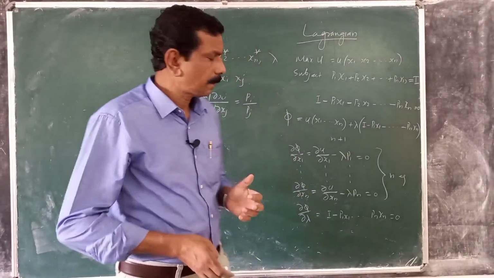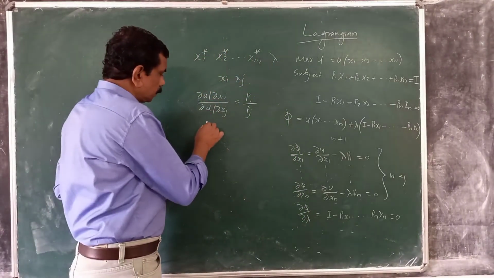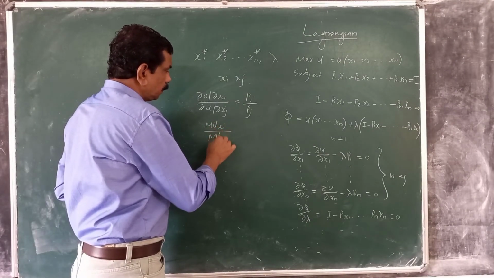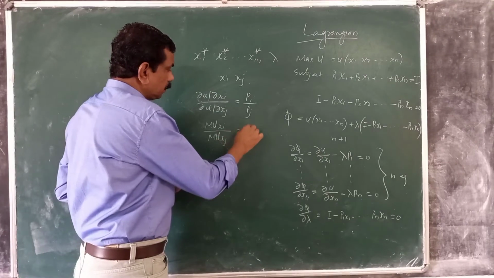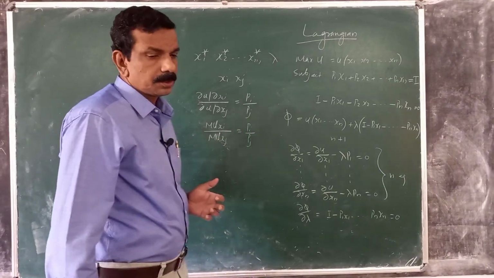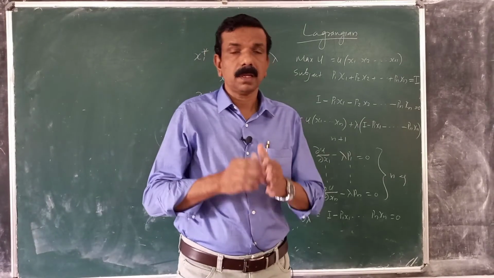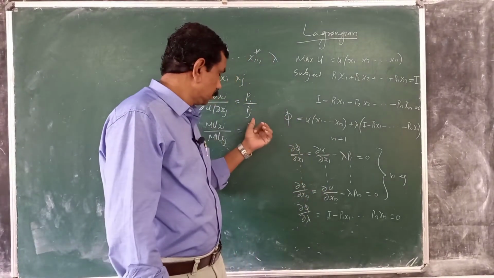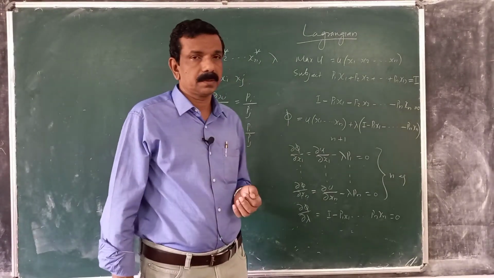That is, MUxi by MUxj is equal to Pi by Pj. That is, the ratio of marginal utilities is equal to the ratio of prices.